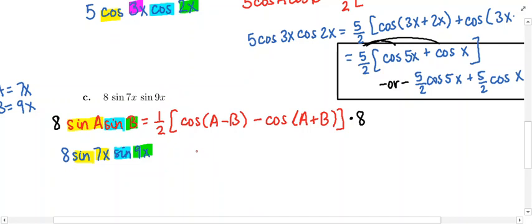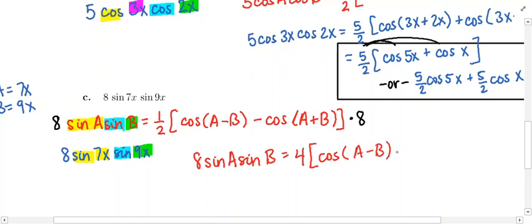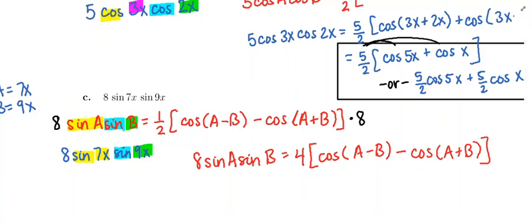This will be our template for plugging in. We're going to get that 8 times the sine of A times the sine of B is equal to, simplify the numbers, 1/2 times 8 is 4. So this is going to be 4 times the entire quantity cosine of A minus B minus the cosine of A plus B. And now we will plug into this with A being 7x and B being 9x.